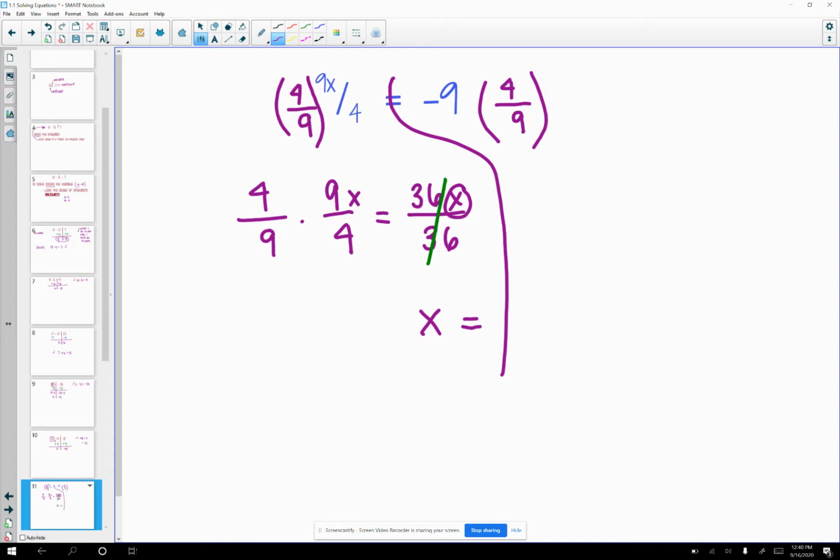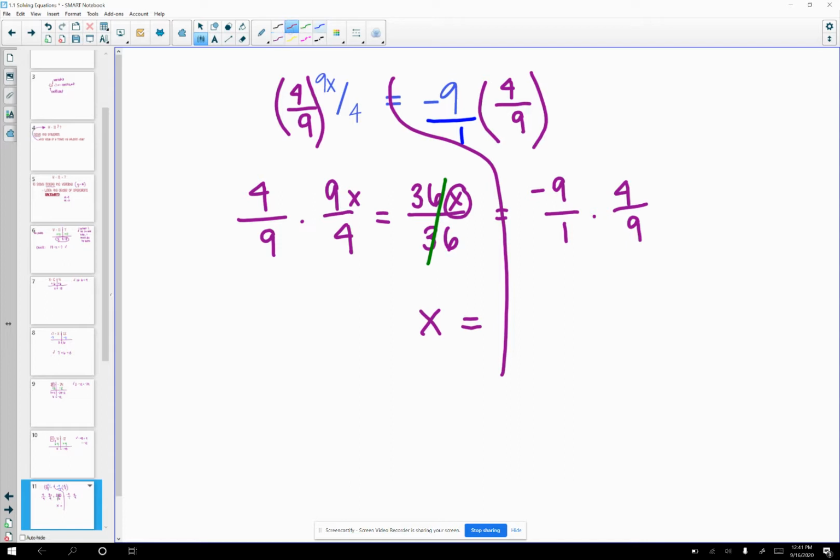So I've got x equals, and to go to the right side, this negative 9 that I'm multiplying by, you can always write an integer over 1 if you don't have a denominator. And now I can do negative 9 over 1 times 4 over 9.